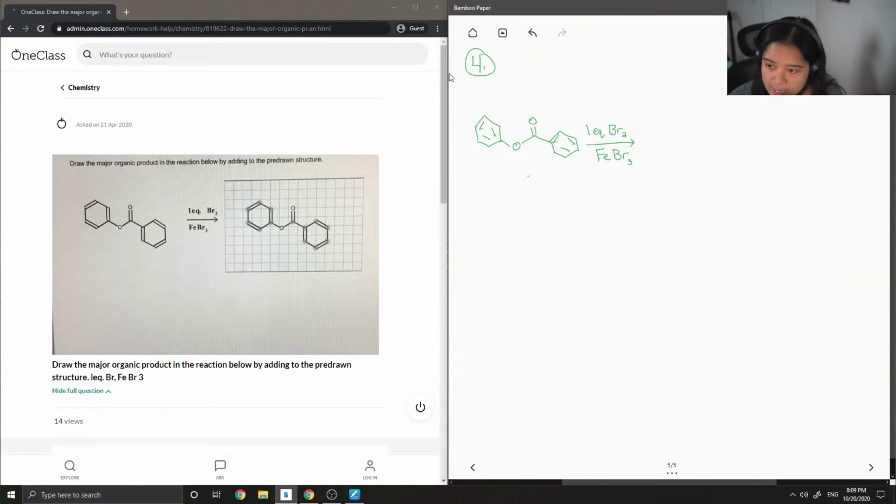So if we look at the substituents of the ring, you'll see that there is an oxygen group here. And oxygen is an example of an electron donating group.